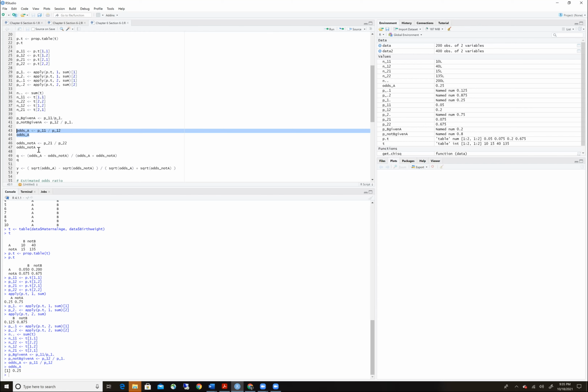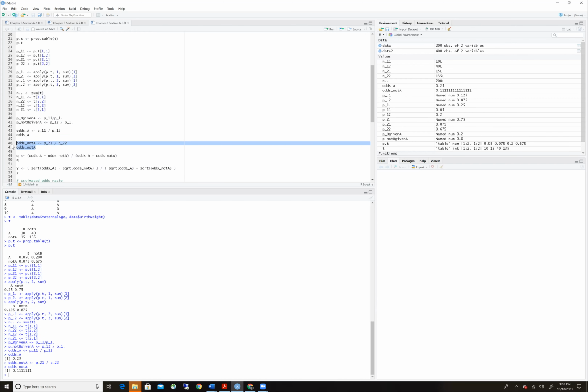We can also get the odds of not being in A from equation 6.9. Once again, it's reducing to P21 divided by P22 because the P2 dots divided by one another end up being 1 and the equation reduces. All right.